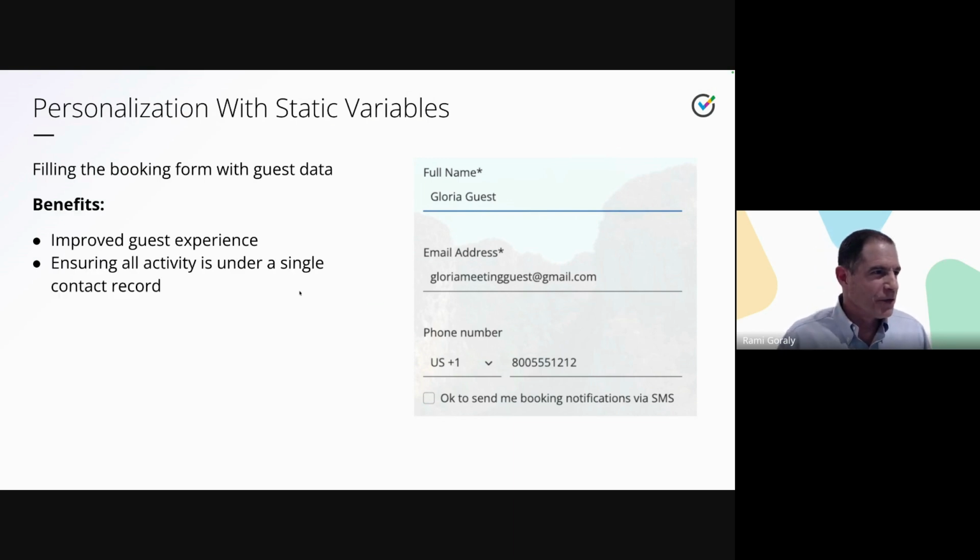The other big benefit is that we are ensuring that all activity is under a single contact record. If we have a customer that one day schedules with his work email, the other day schedules with a Gmail email address, then we want to see all their activities under the contact record, but actually what's happening is that they created two contact records and then we need to merge them.